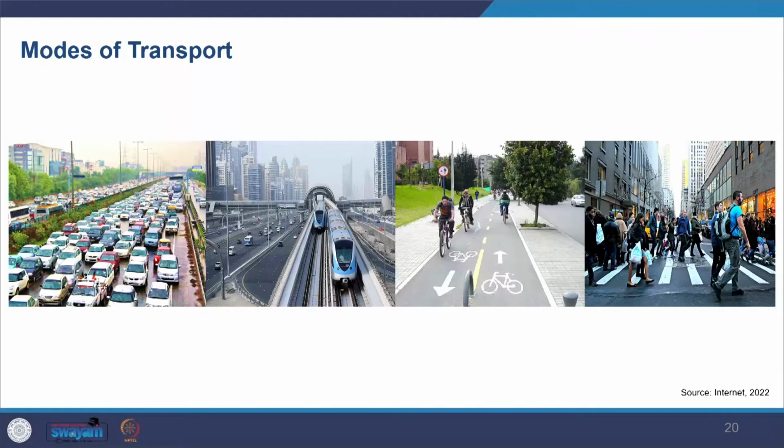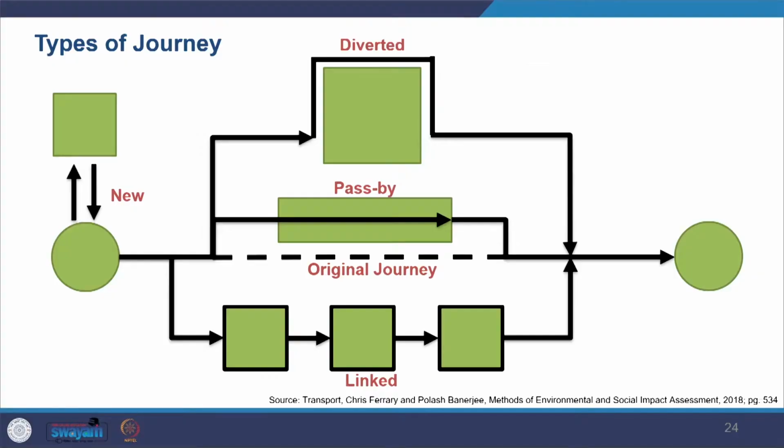Looking at different modes of transportation, I did talk about different modes. In the picture, you can see the different modes which are there. Once you have the trip ideas, you divide how many trips would be made by different modes. When you talk about trips, you also have terms like new trips and pass-by trips.